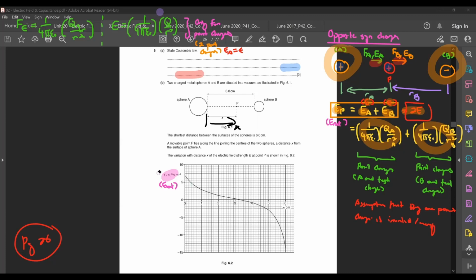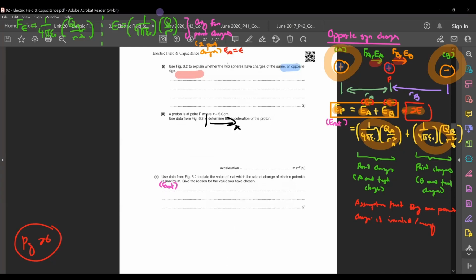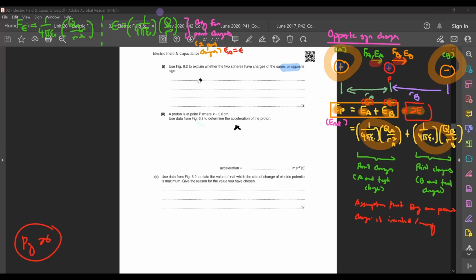From there, the question asks you to explain, from that figure, whether the two spheres have the same sign of charge or opposite sign of charge. This kind of question comes up quite often.